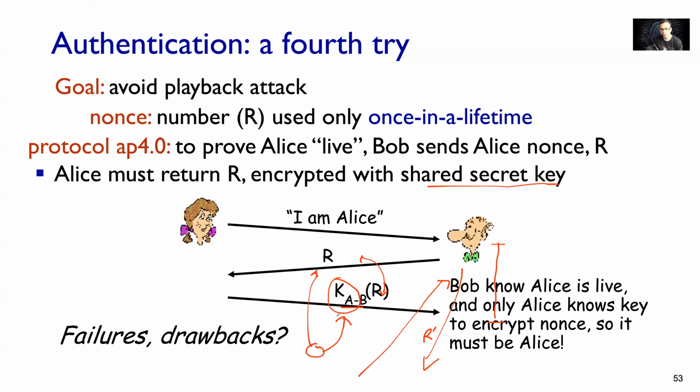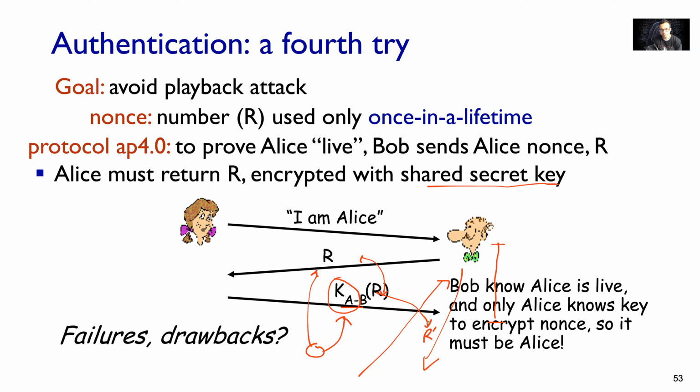And so if Trudy played this back, this would not match. When Bob did the decryption, he would see that this is not matching R prime, because this is a previous nonce that was captured. It's not the current nonce. So this playback attack is no longer possible. So that's how this works.